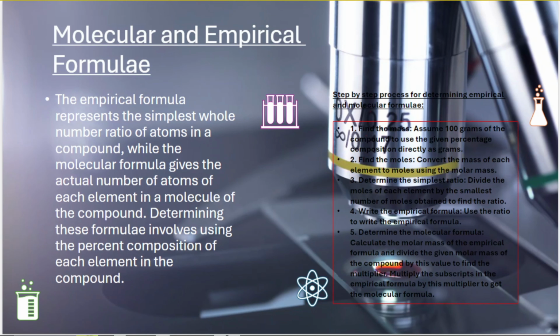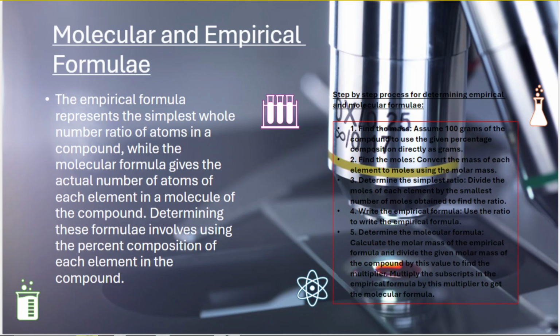They will most likely give you percentages, like 5% carbon, 10% hydrogen, 20% oxygen, whatever, and obviously the percentages must add up to 100, and we directly convert that into grams. So if it's 59.75% carbon, that's going to be 59.75 grams of carbon.